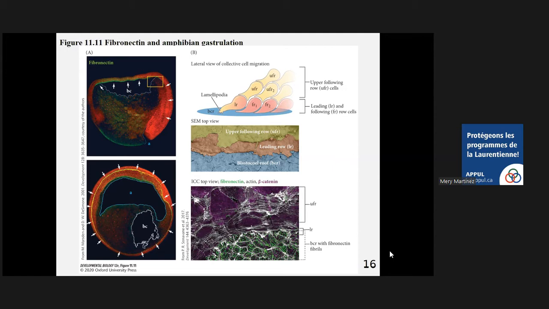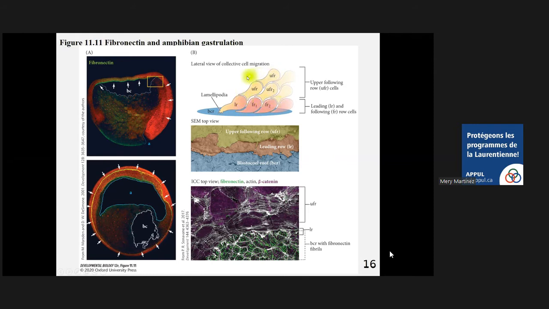So the blastocoel is indicated by this BC. This is the blastocoel, and we see how, as cells undergo epiboly, it gets displaced in this section. What we see here in B is a high magnification of this non-involuted marginal zone, okay?